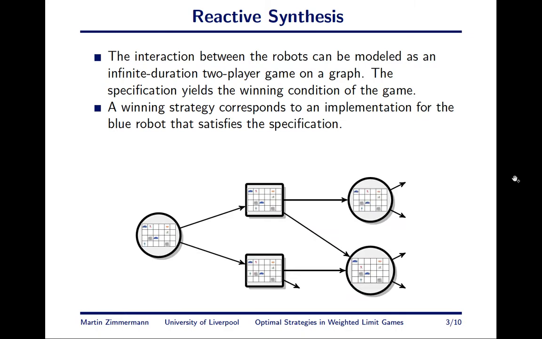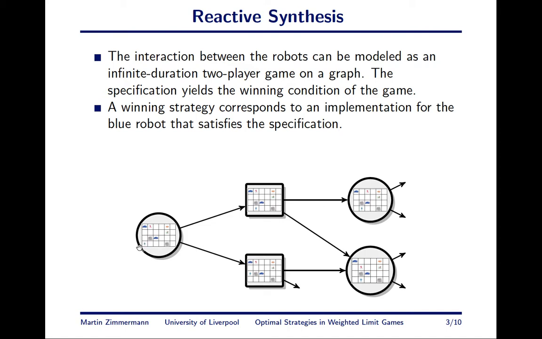So again, let's look at an example. For our robot example, we would construct a graph where the vertices encode a state of this grid, so the positions of the two robots. We have two types of vertices: the round ones correspond to the agent we're interested in, the blue robot, and the square vertices are where it's the turn of the environment, which here controls the red robot.